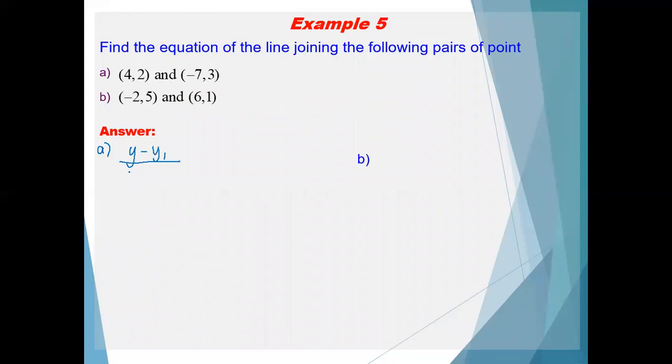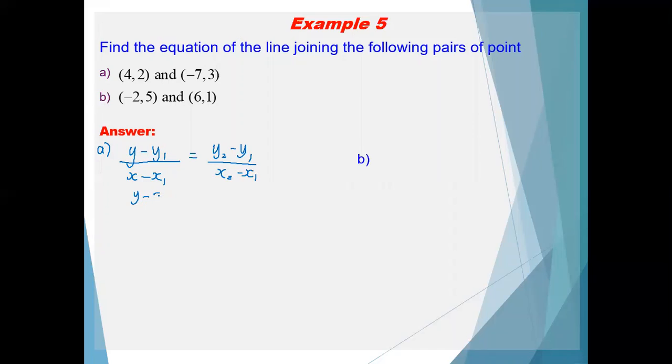Gradient form: y minus y1 over x minus x1 is equal to the gradient. What is the gradient? y2 minus y1 over x2 minus x1. So y1 ni you boleh ambil mana-mana, so saya suka yang bukan negatif. Sini ada negatif, saya nak buat negatif lah to avoid a careless mistake for sure.